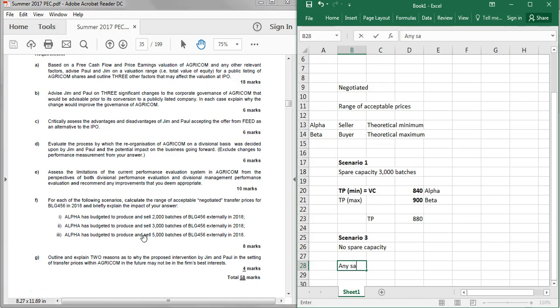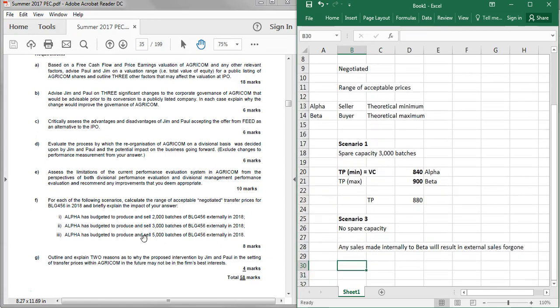So any sales made internally to Beta will result in external sales forgone. So what does that mean? It means if they have to sell to Beta internally, they're going to lose external sales. And when you lose external sales, you have an opportunity cost. And that is the lost contribution.